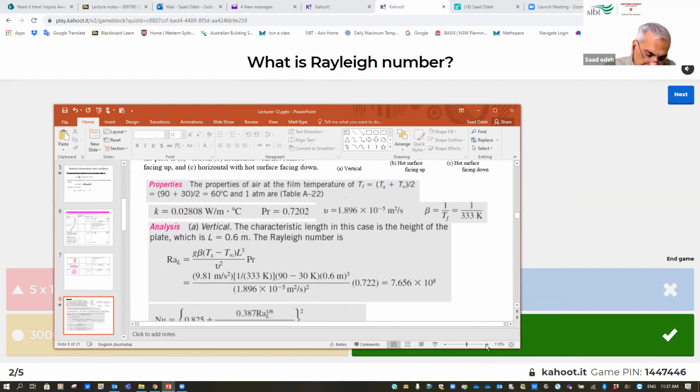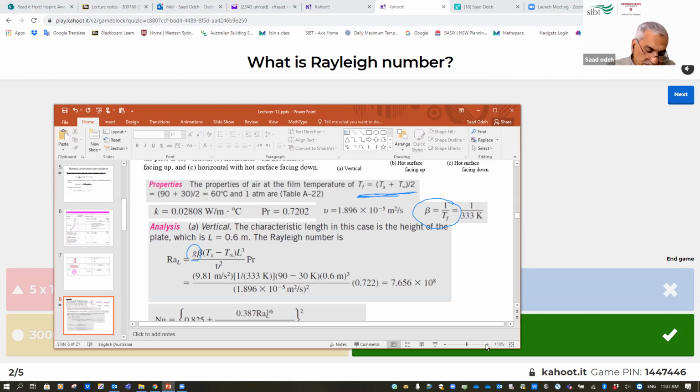We need to have the gravity, which is 9.81, multiplied by beta. Beta is 1 over the temperature. So we have the film temperature, as you can see. But this must be in Kelvin. Just remember, 1 over T film must be in Kelvin.